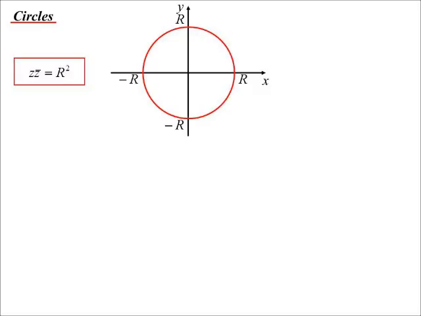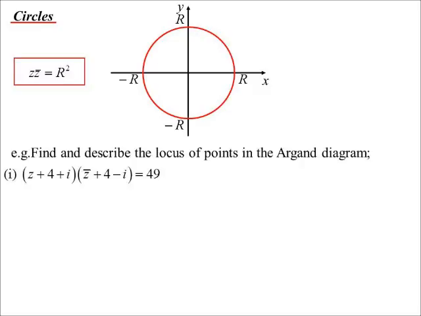Circles, in Cartesian geometry we saw as x squared plus y squared is the radius squared. X squared plus y squared, real part squared plus the imaginary part squared, was z times z conjugate. So I could write that as z times z conjugate is equal to r squared. This will turn out to be a circle. You notice the z times z conjugate, but the other numbers you'll notice are conjugates as well.